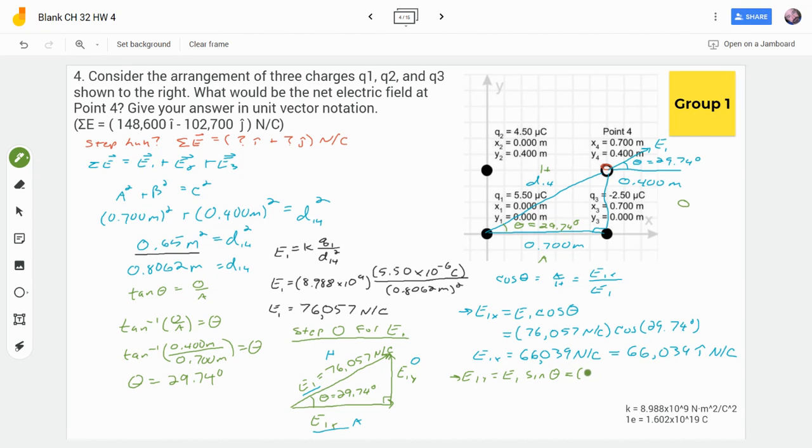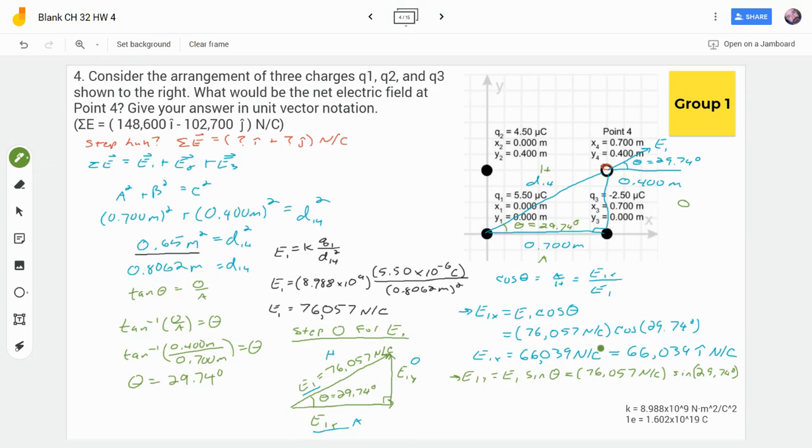E1 is 76057 newtons per coulomb times the sine of 29.74 degrees. Write it like that. So what does that get me? 76057. I made a typo. 76057 times sine 29.74.